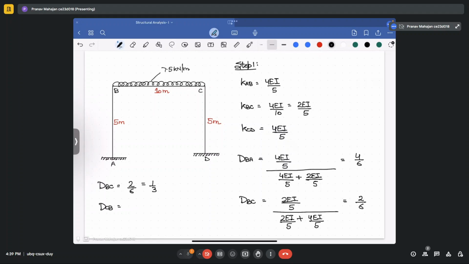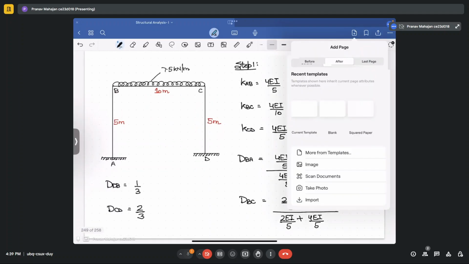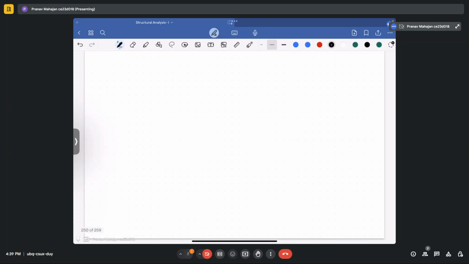DBC we have already calculated, so your DCB will come out to be 1 by 3, and your DCD will be equal to 2 by 3. In this case, your carryover factors CBA, CBC, CCB, CCD will be equal to 0.5.